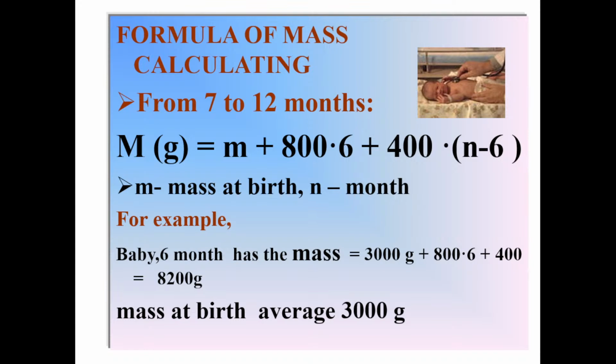The previous formula includes, you can see it in the calculation. Every month after 6 months, from 7 months and older, every month the average mass of the body increases by 400 grams.